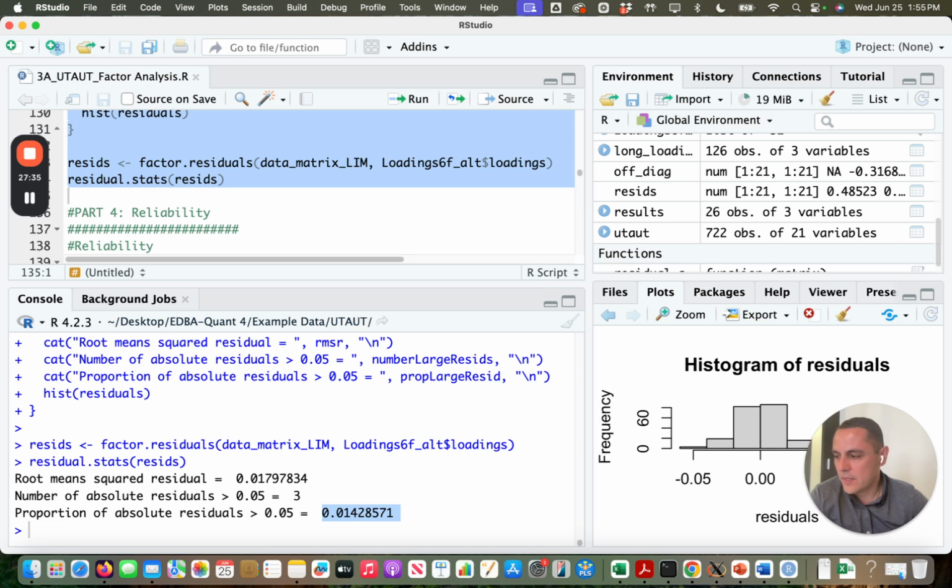The takeaway of what this tells us is that we're still pretty good with that six factor model. This would further validate keeping six factors despite that five cutoff we talked about earlier. All right.